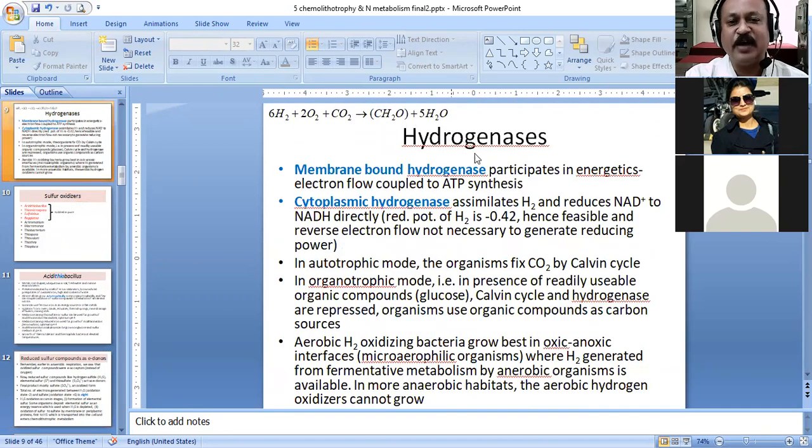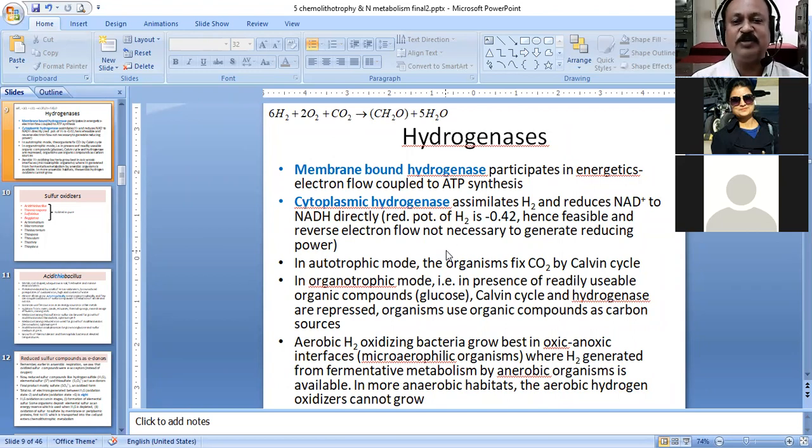Coming to the hydrogenases, I have told you that there are two types. One is the membrane-bound hydrogenase, which participates in the energetics of the electron flow, and that is coupled to ATP synthesis. The other is the cytoplasmic hydrogenase, which is responsible for carrying hydrogen to the inside of the cell.